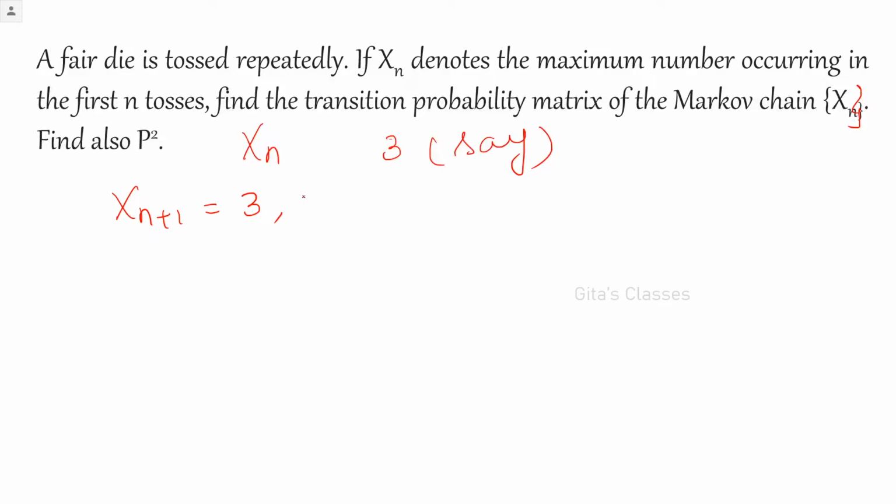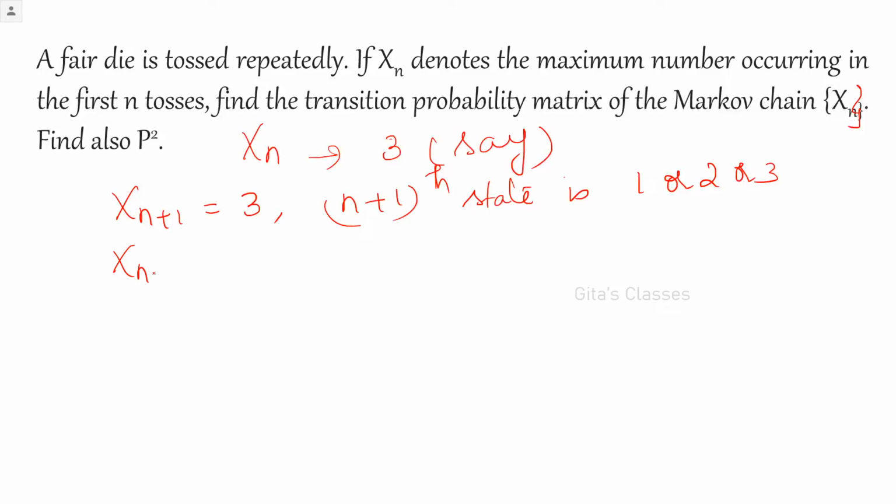Even if I am getting 1, I am writing 3. 2, I am writing 3. 3, I am writing 3, because for example, up to 10 tosses I am getting either 1 or 2 or 3. So the maximum number I am writing as Xn. Okay. So now I am writing 3. If I get the next toss, the 11th toss, also as 3, then what will be the probability? When will you write that? That is, the n+1th toss is either 1 or 2 or 3, because I am writing the maximum.